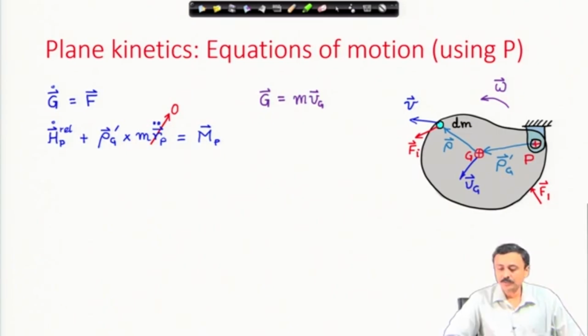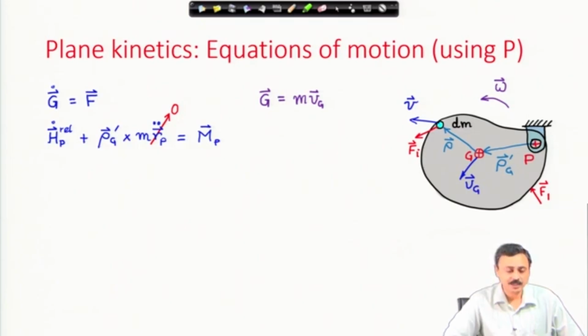If you write down the equation of motion about a point P which is fixed, this is a situation that arises very commonly. We have the equations of planar kinetics for the linear momentum of the center of mass and the angular momentum, relative angular momentum about P. Here, because P is a fixed point, the acceleration of P is 0.